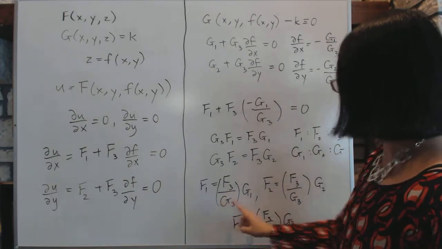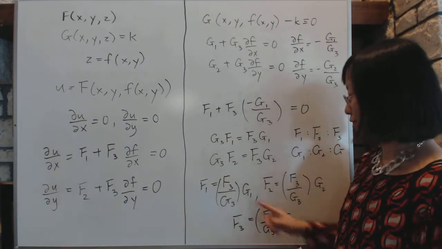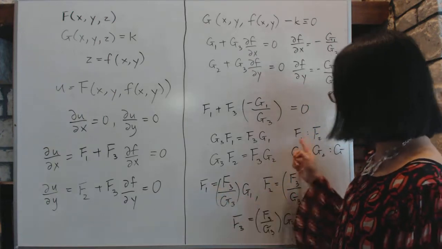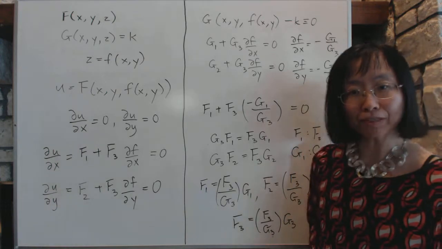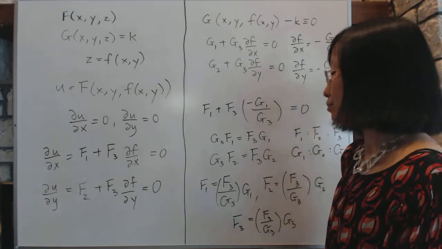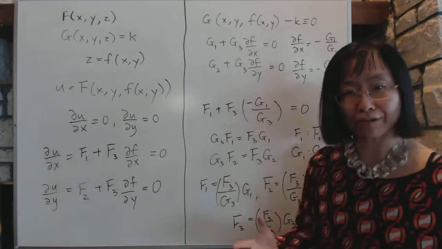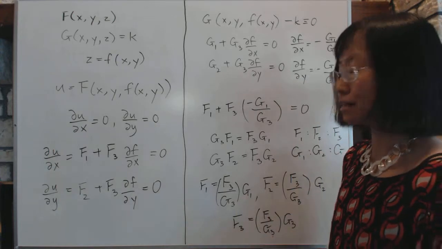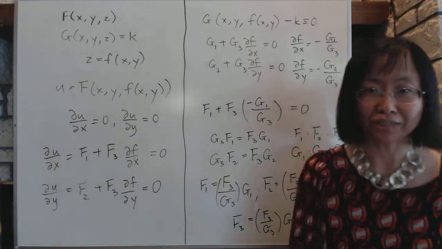Out of this relationship, the fact that the three f's and the three g's have the same proportion, we're going to come up with something called Lagrange's method. Lagrange's method is a very systematic way of calculating these maximum and minimum problems, which we'll do in the next video.